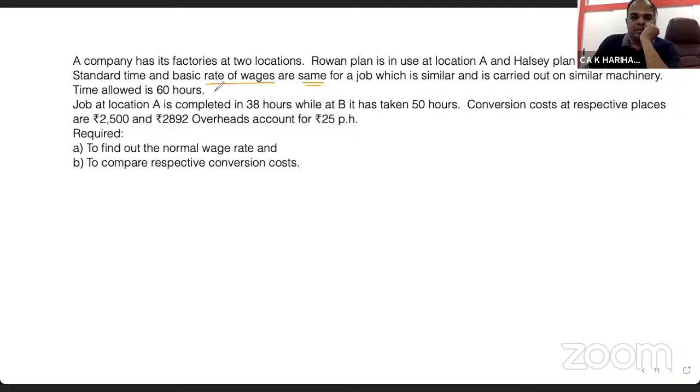Time allowed, the standard time, is 60 hours. Location A completed in 38 hours, whereas B took 50 hours. Conversion cost in the respective places is given, and the overhead is 25 per hour. We have to compute the normal wage rate.